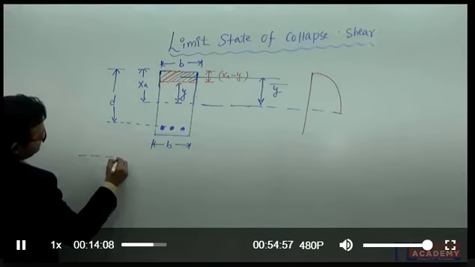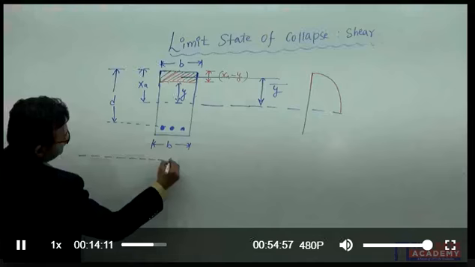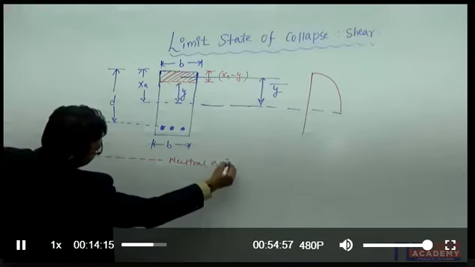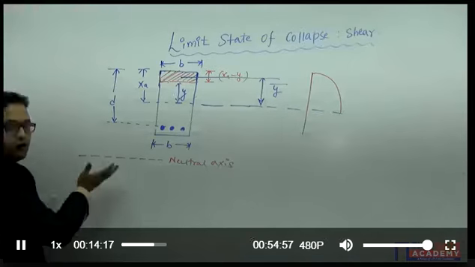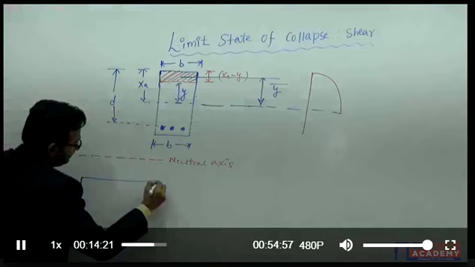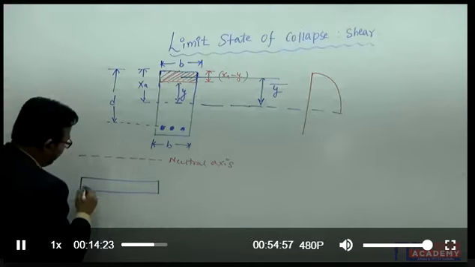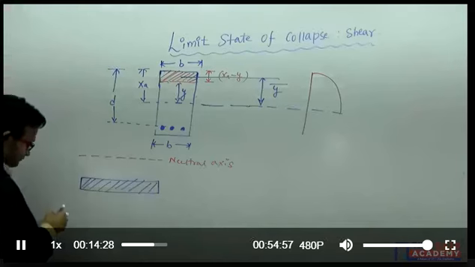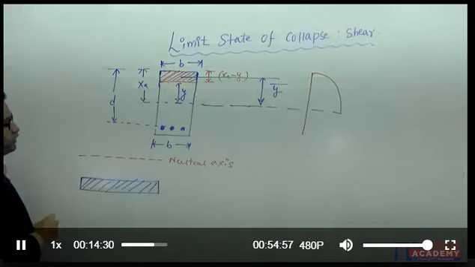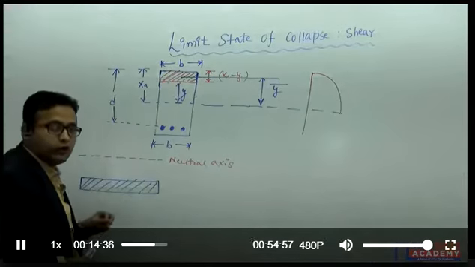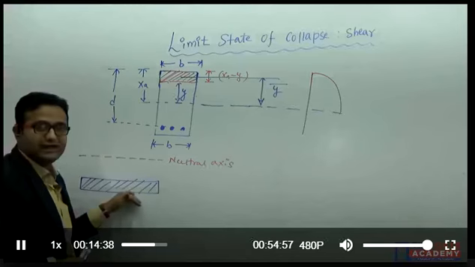Suppose this is your neutral axis, below which we have provided steel reinforcement, above which we have provided the concrete, and the distribution of shear stresses we already got. It is parabolic. Now I am interested below the neutral axis.